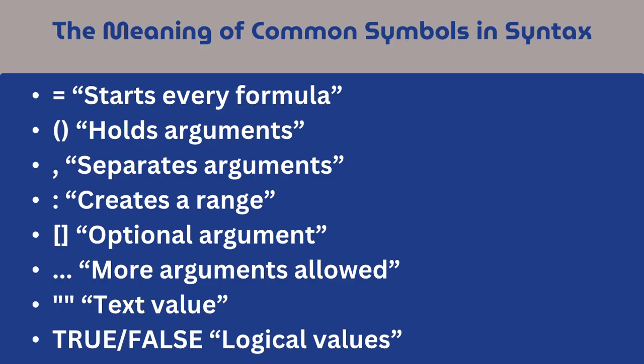So when you want it to return a text, for example return pass, the quotes must be there so that it will return pass. Now TRUE or FALSE, they are logical values.